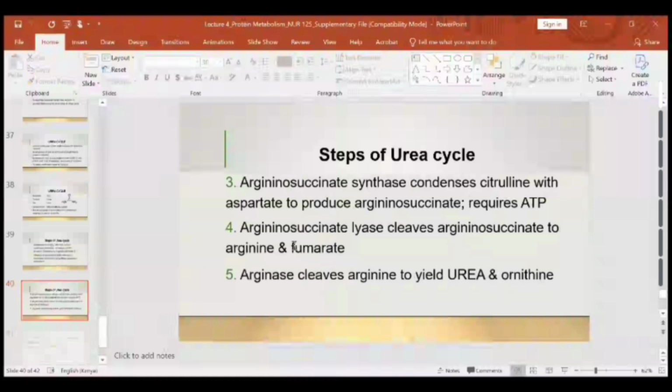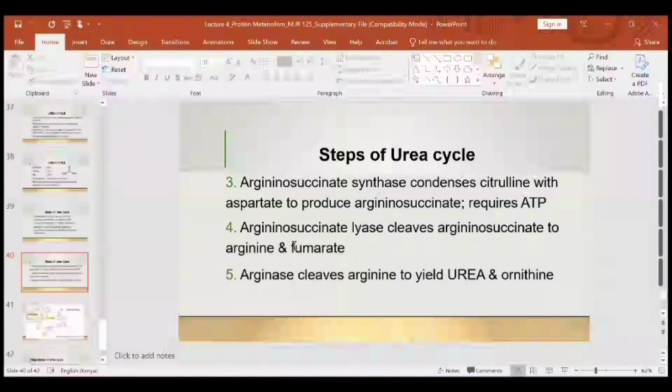The third step, we are producing a molecule called argininosuccinate, generated as a result of the condensation between citrulline and aspartate. When you combine citrulline and aspartate, you produce argininosuccinate. It requires ATP and an enzyme called argininosuccinate synthetase.